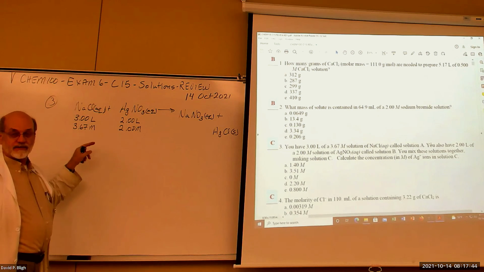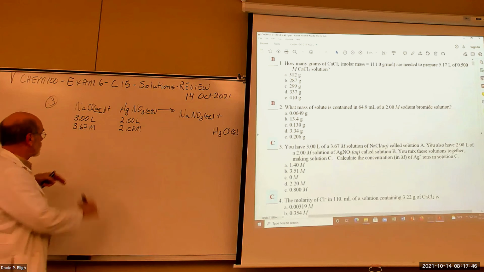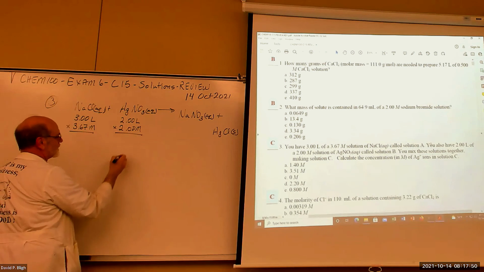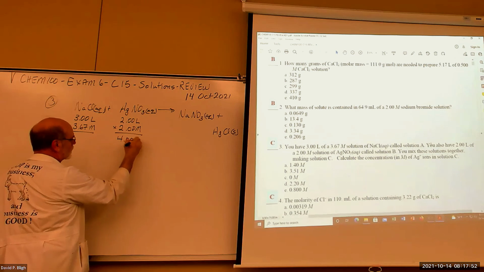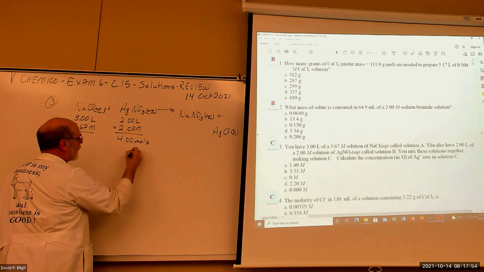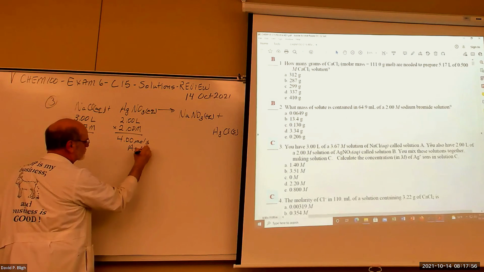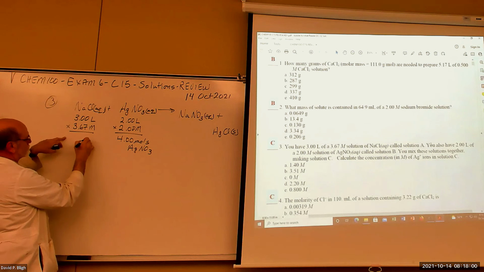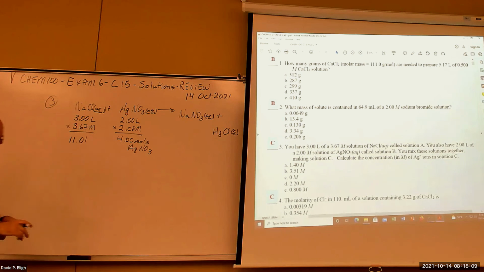Well, molarity times volume is moles. So all we have to do is multiply these together, like that and like that. So this one's easy. That's 4 moles of silver nitrate. How about this one? Let's see if I can do that one. 2 and 18 is 20, and 2 and 9 is 11. Let's see if I did that right.